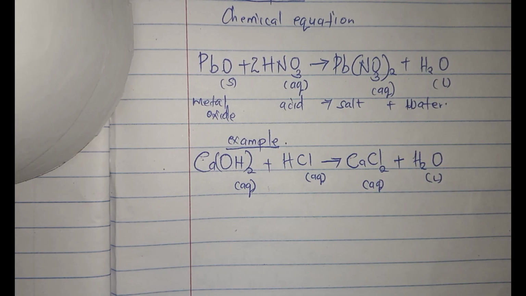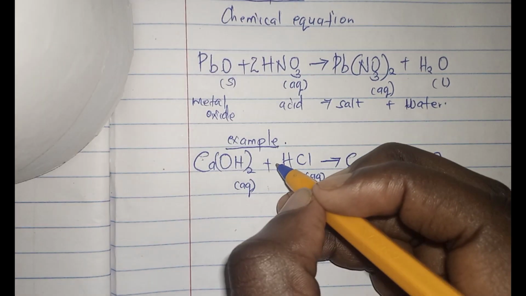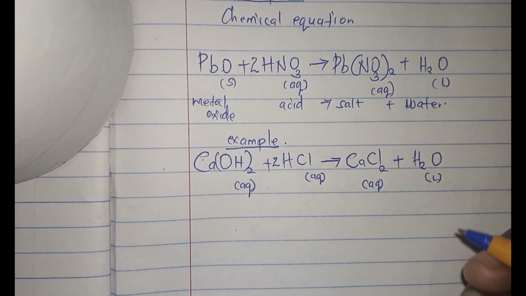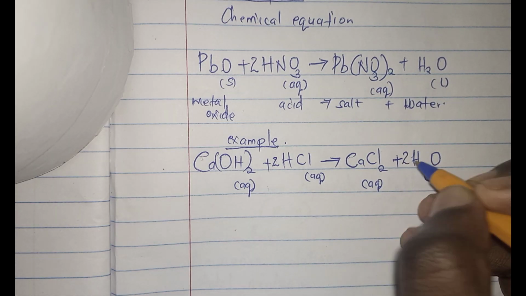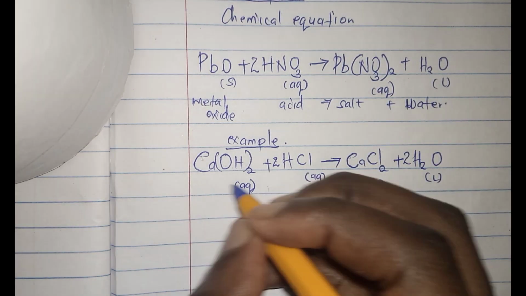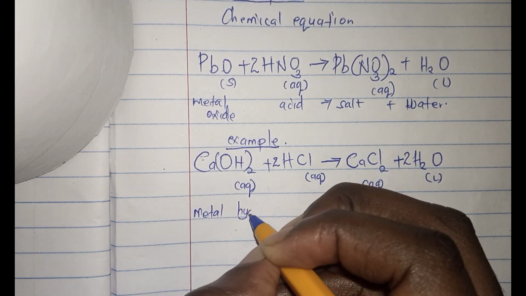My equation is not balanced. To balance the hydrogen and chloride, I will write here 2, and I will also write here 2, and my equation is balanced. So calcium hydroxide is our metal hydroxide, which is a base.